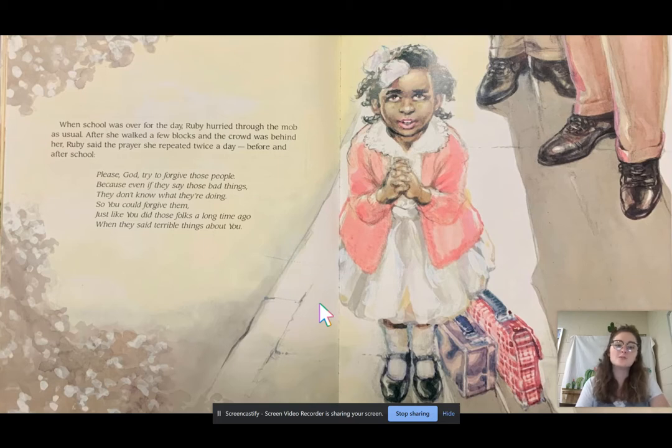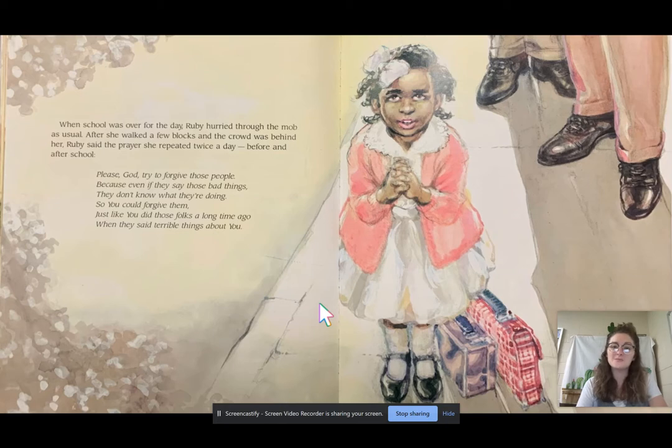As she walked a few blocks and the crowd was behind her, Ruby said the prayer she repeated twice a day, before and after school. Please, God, try to forgive those people, because even if they say those bad things, they don't know what they're doing. So you can forgive them, just like you did those folks a long time ago when they said terrible things about you.